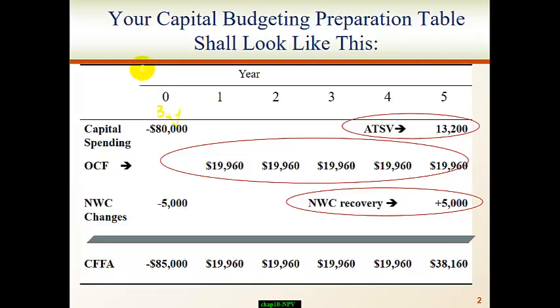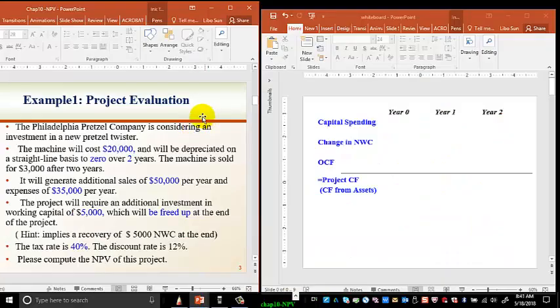So in summary, my recommendation is always draw a timeline table, list all the years, list the three categories. That helps us organize the information into different categories and also focus on specific calculations such as ATSV and operating cash flow.